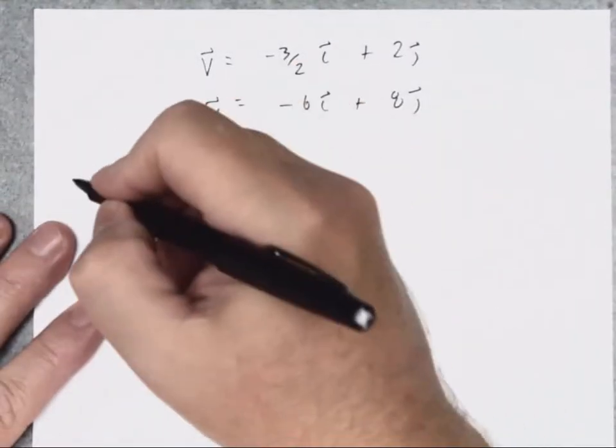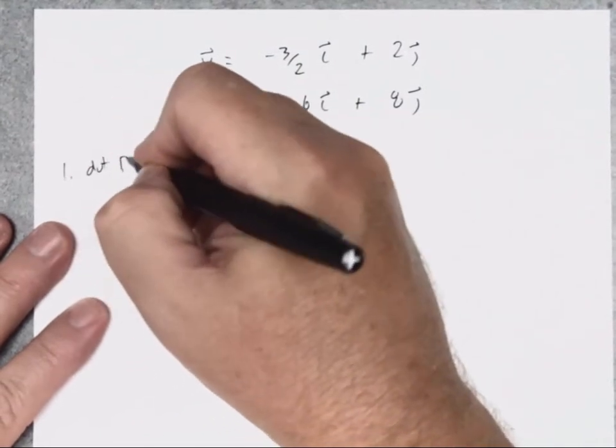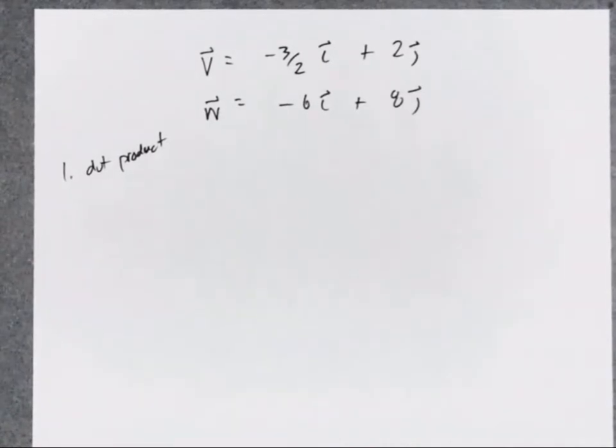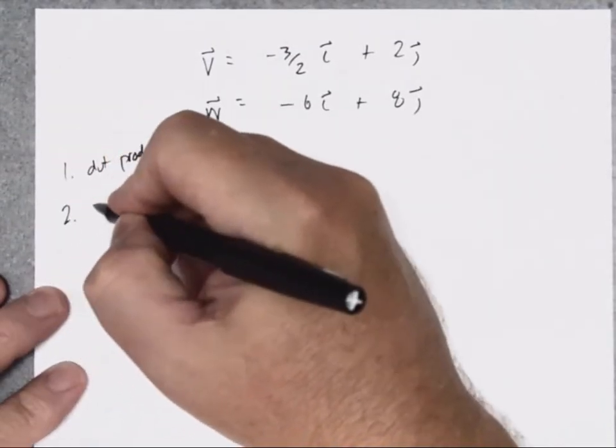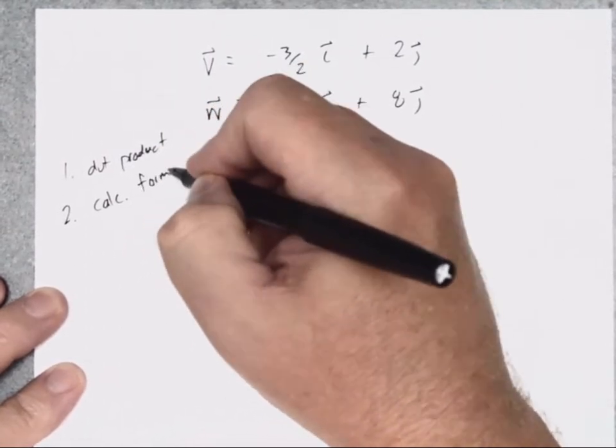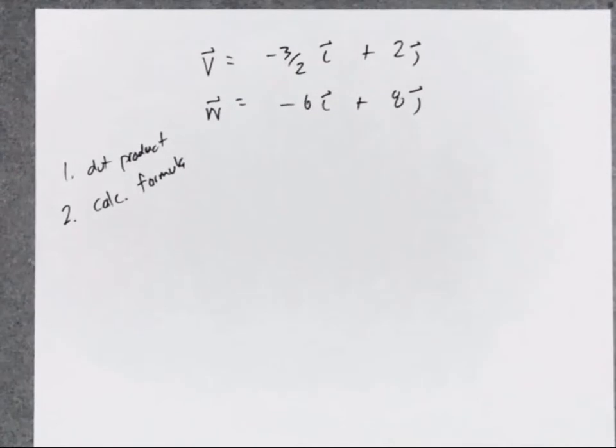What we're going to do is, first step, you take the dot product. If the dot product's 0, then you know the two vectors are perpendicular or orthogonal and you're done. If the dot product is not 0, then you go ahead and calculate the formula or the whole equation. And if that whole formula equals either 1 or -1, then you know you have parallel vectors, either the same or opposite direction. And if it doesn't equal 1 or -1, then you know you have neither.